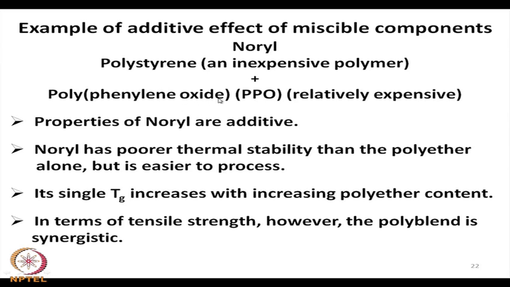In order to increase the processability, polyphenylene oxide has been blended with polystyrene with a compromise of thermal stability, but processability was improved. So, not only the final performance property, but the processing property is also important. If a polymer has very high performance properties like high mechanical strength, high thermal stability, etc., but if that polymer cannot be processed, that is of no use.